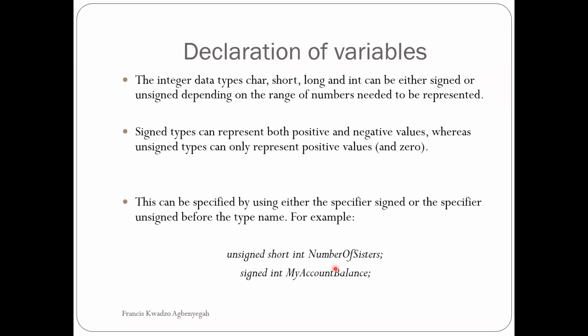So we want my account balance to store both positive and negative values, and in that case we declare it as a signed int. This shows that my account balance can hold positive and negative, but unsigned means that it can only hold positive or zero. So that's the meaning of the signed and unsigned data types.